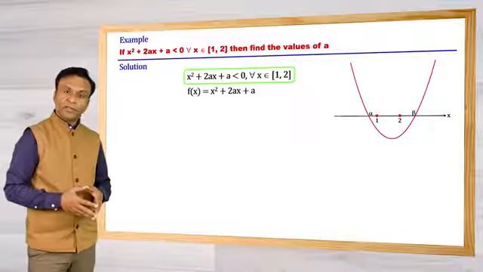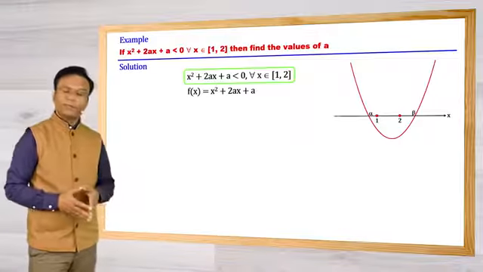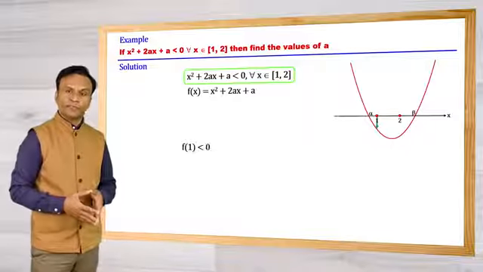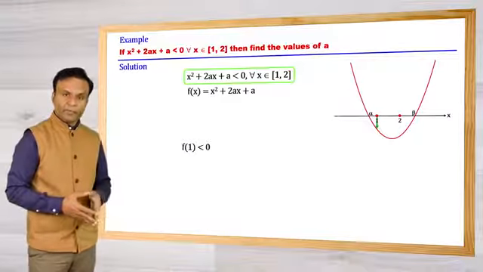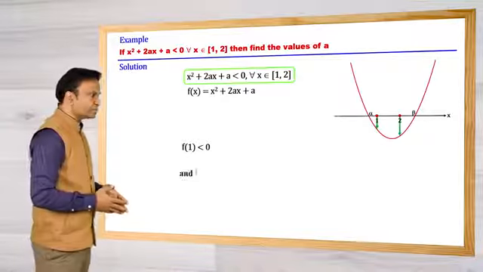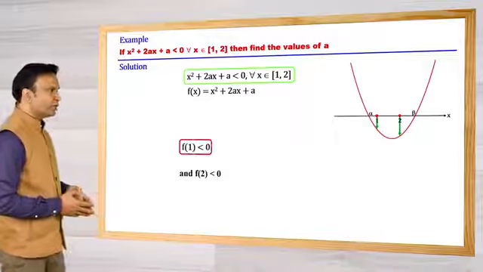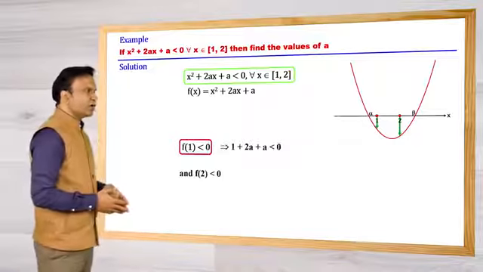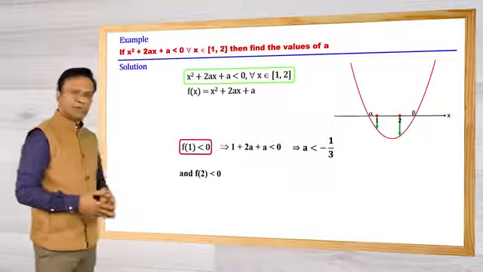Now for x equal to 1, the value of the function is negative. That means f(1) is less than 0. Similarly, we have f(2) less than 0. From this we get 1 plus 2a plus a less than 0, or a less than minus 1 upon 3.